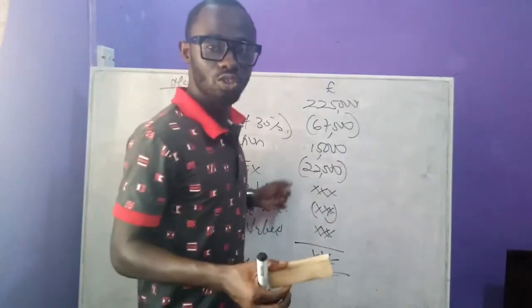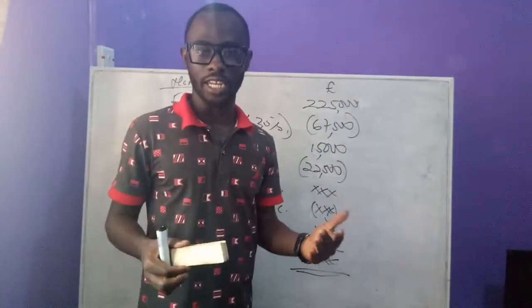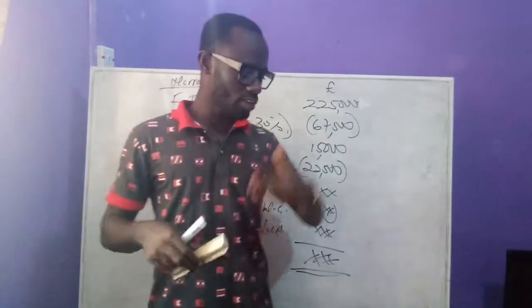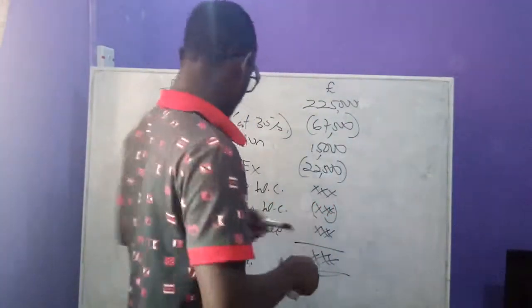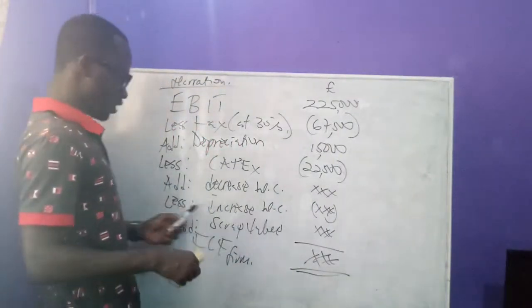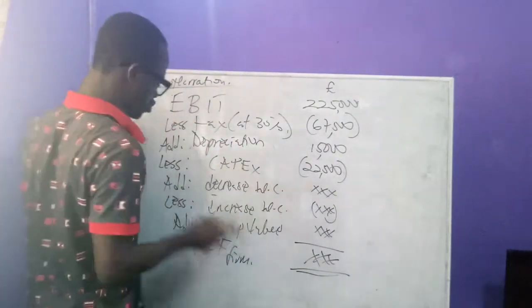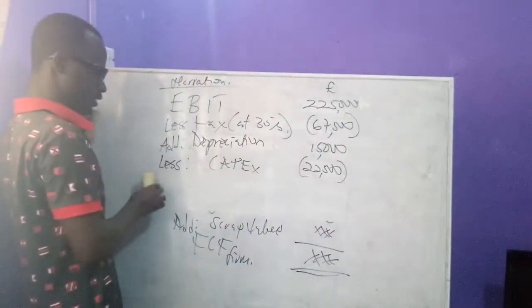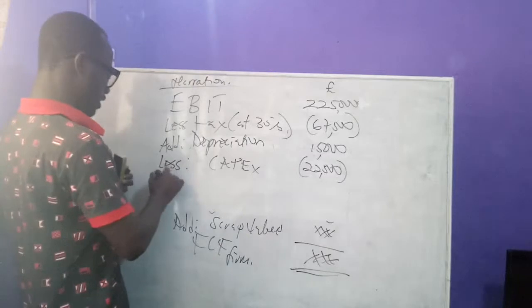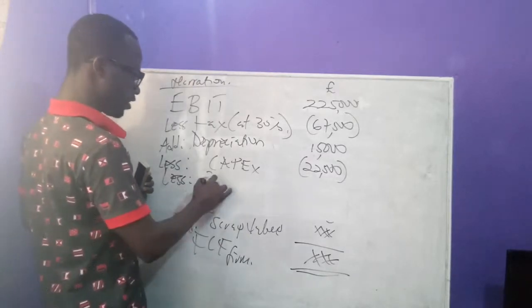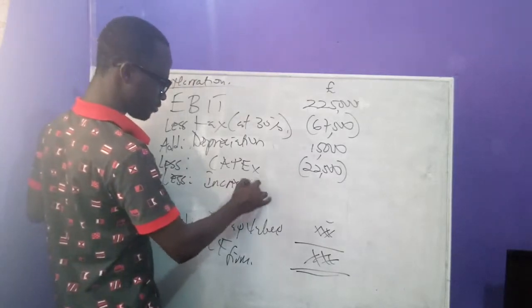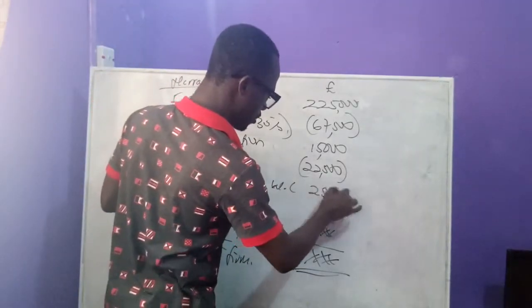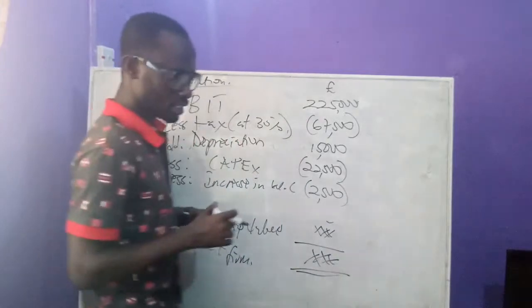Remember I told you that these two will not be there. It's only one that will be there at a time. From the question we are told that working capital has increased by 2,500. That means there is an increase in working capital. When there is an increase in working capital, we subtract. So I say less increase in working capital, and that is 2,500. I less it up.